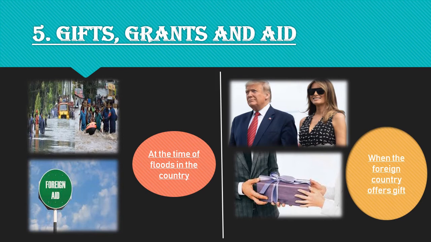Such donations or grants are also received by the government from the rest of the world. And especially when a foreign country's authority or president visits the country, they often offer gifts, and it's also a kind of income for the government.